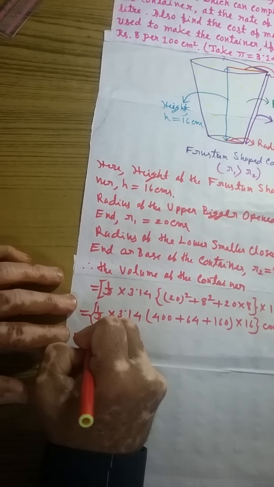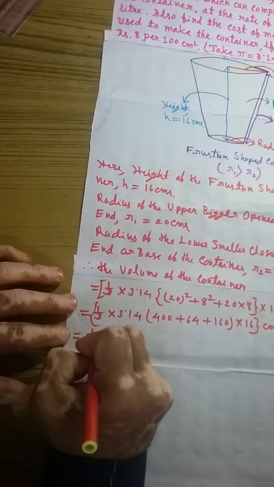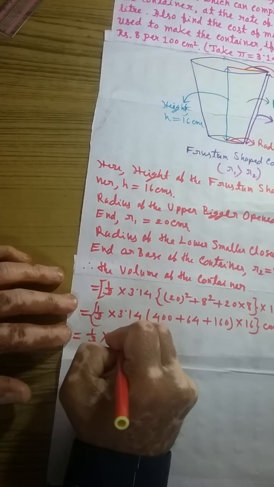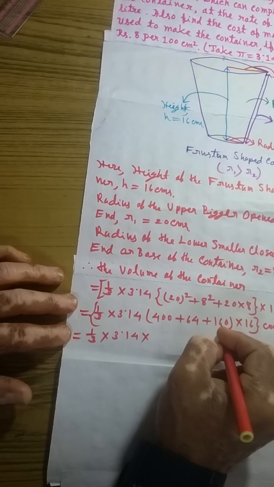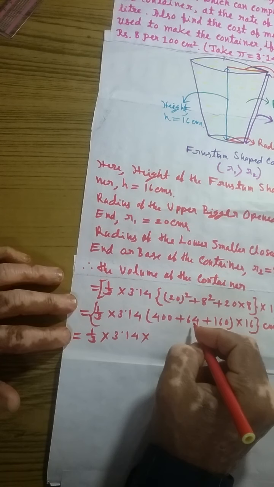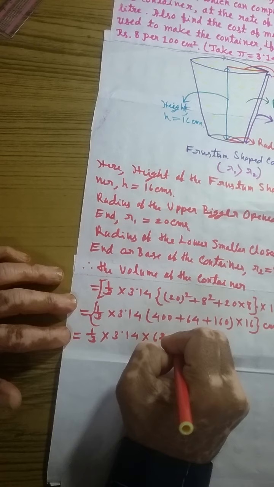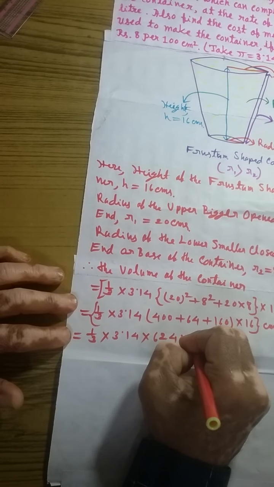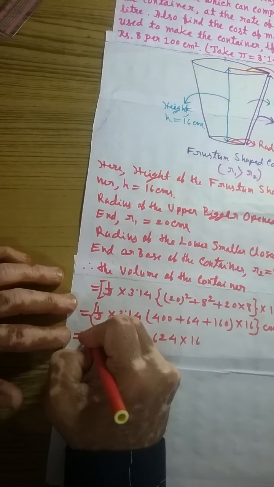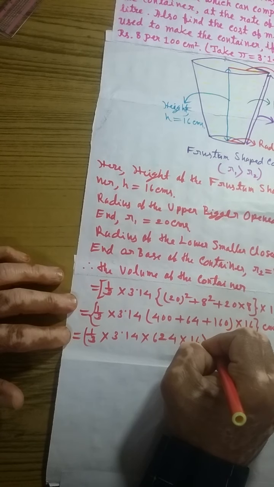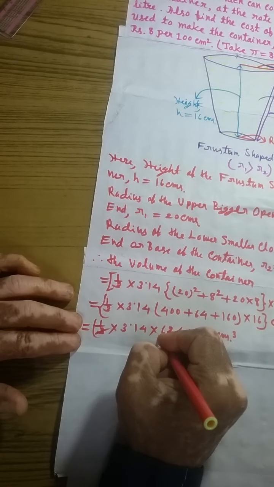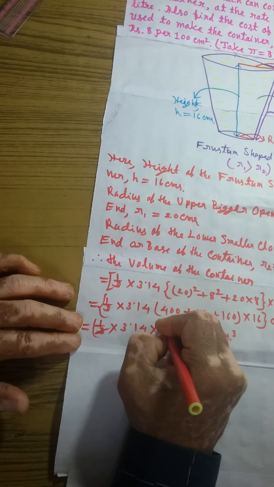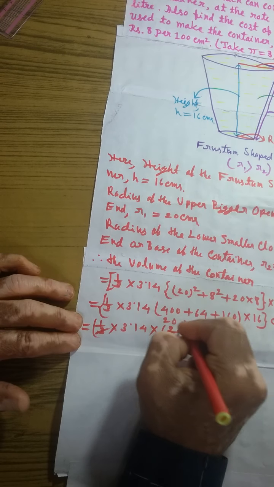This is again equal to 1 by 3 into 3.14 into 400 plus 160 plus 64, that means 624, into 16 cubic centimeters.